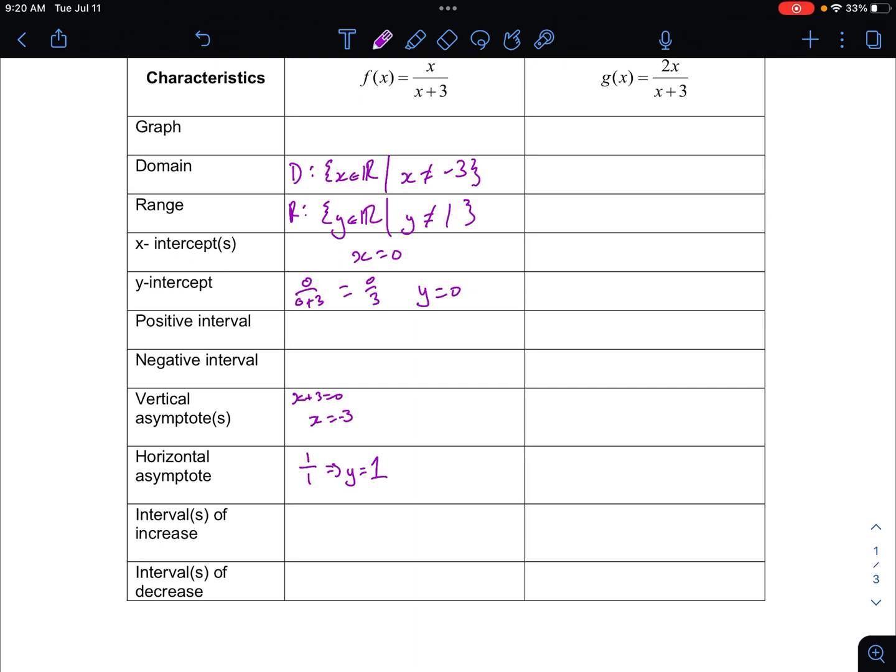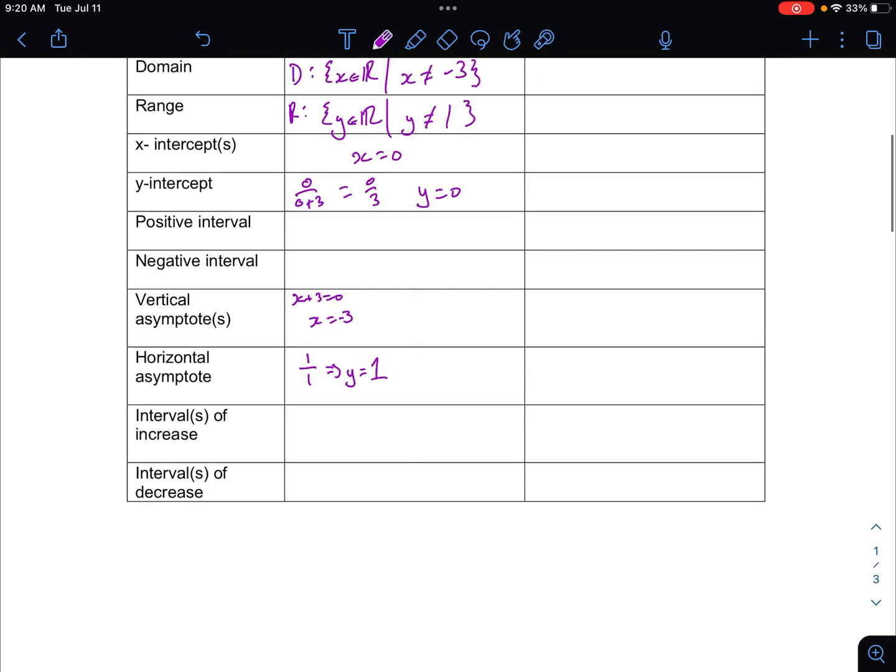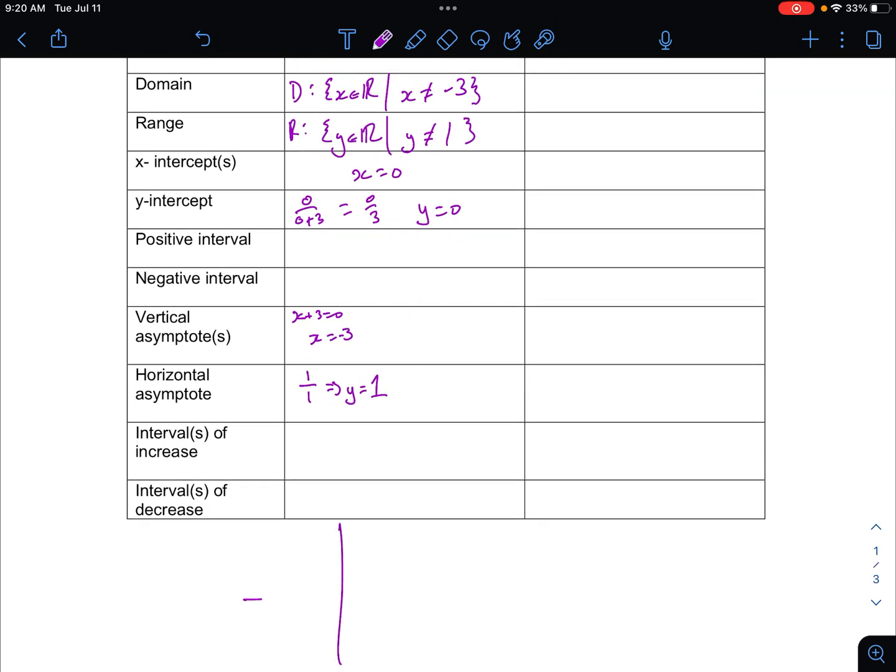To figure out your positive and your negative intervals, you do have to think about the graph of it, or know the graph of it. So here's my negative 3, here's my positive 1. Well, my x and y intercept are here at 0, 0. Well, that means then my graph has to go through it here, which means I'll be in the opposite diagonal there. So where is it negative?